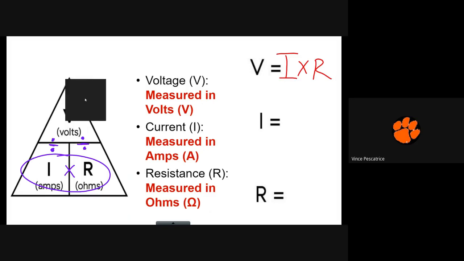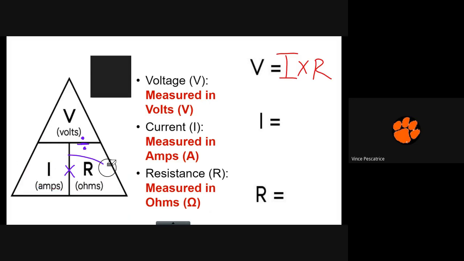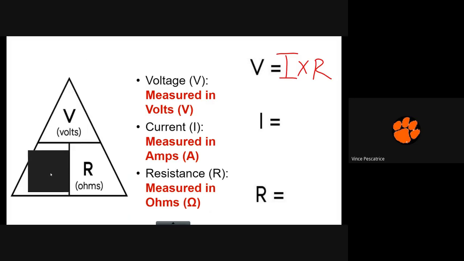Okay, and then as you can see, if you continue to move through this, say we want to do I, we can cover up I, and that means we will have V literally over top of R, so you're doing division. So V divided by R is current. So the voltage divided by the resistance makes the current.